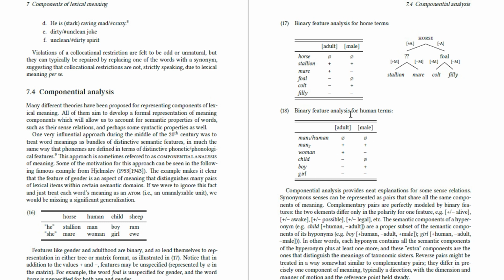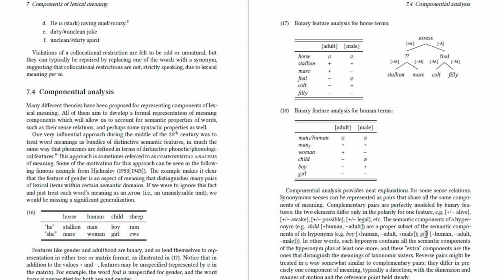You do the binary feature table, and you have to be a little bit sure about the features. Like here, if I say some other features like alive, awake, possible, legal, these things can be given to some words. If I say boy, one word, you have to tell me plus human, minus adult, plus male.